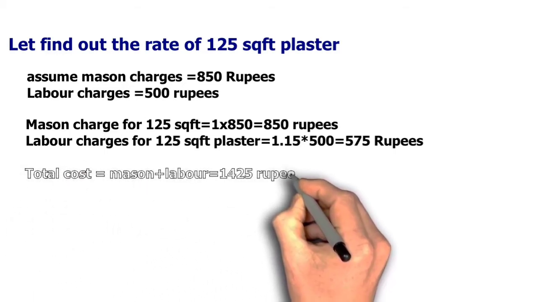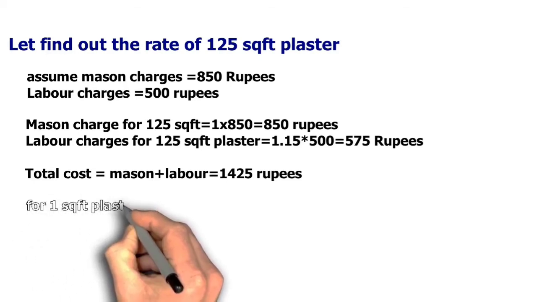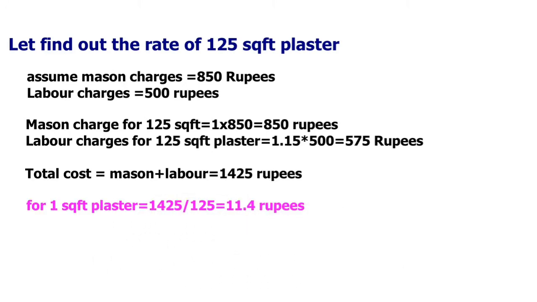So total cost will be mason plus labor equals 850 plus 575 equals 1425 rupees. So this is the total and basic cost for 125 square feet plaster. So for 1 square feet plaster we will have to divide total rupees by 125.